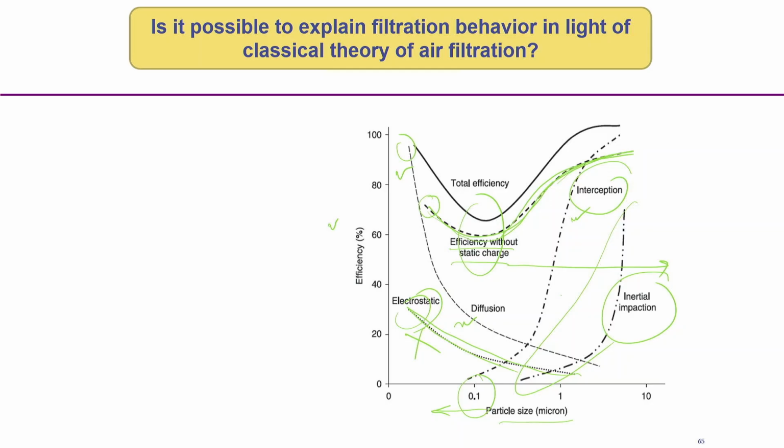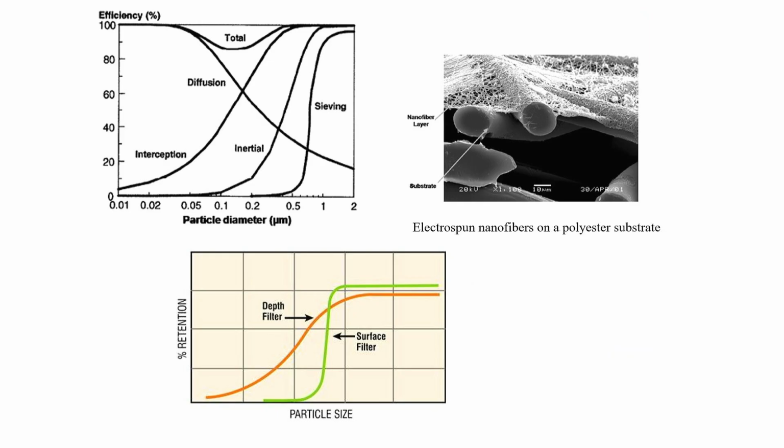So, for any filter, if we use the electrostatic charge, we can achieve higher filtration efficiency, typically around 100%, keeping the air flow rate or pressure drop on the lower side. On a normal spun bonded, we can have a nanofiber layer also to enhance the filtration efficiency.